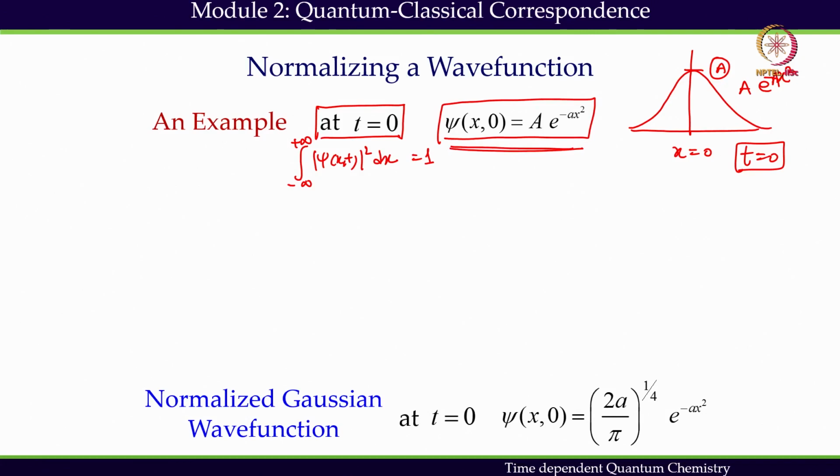And the question is, if I have this wave function, how can I normalize it? Obviously, here A and a are real and positive constants.